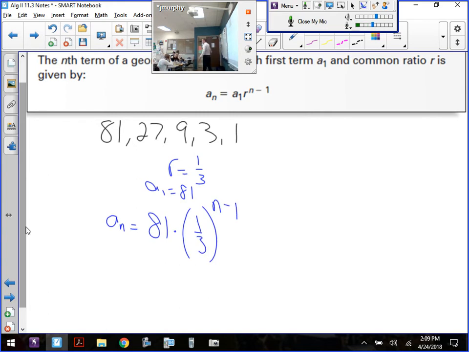The reason we have n minus 1 is because if you're looking at your first term, your n value is 1. What's 1 minus 1? 0. What's anything to the 0 power? 1. That's how you're able to generate your first term, being 81. And then you go on and on. That n minus 1 trick allows you to get that.